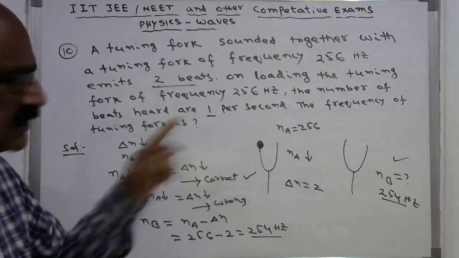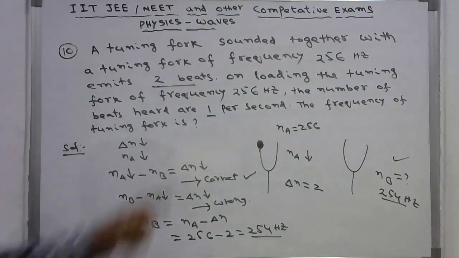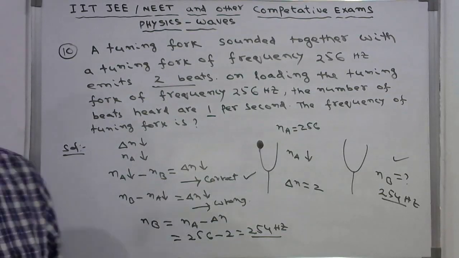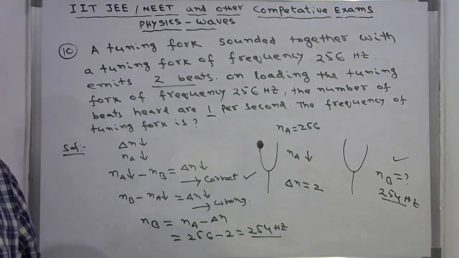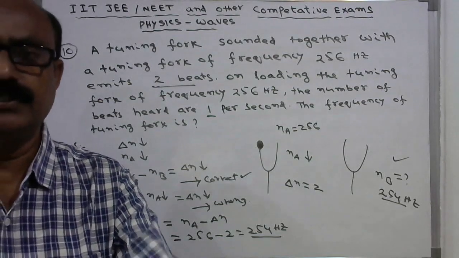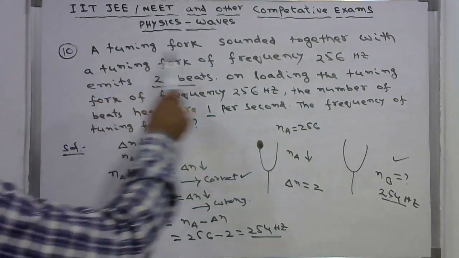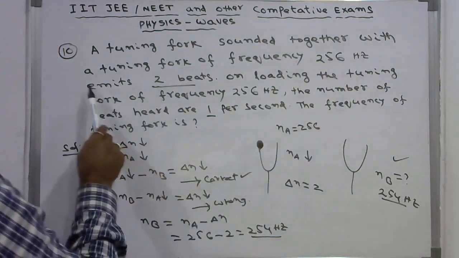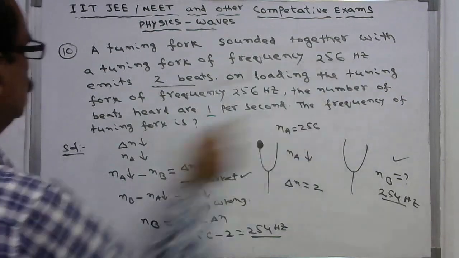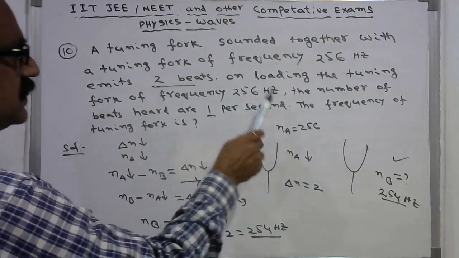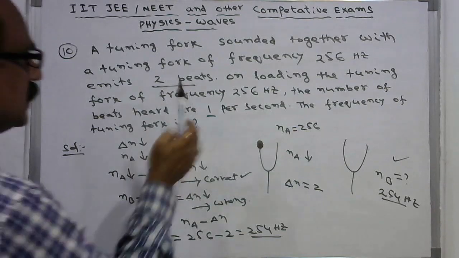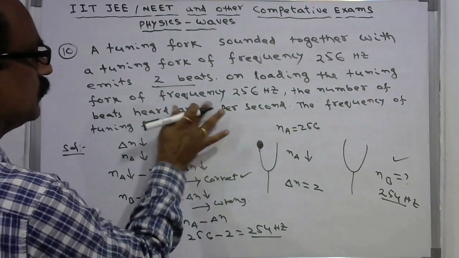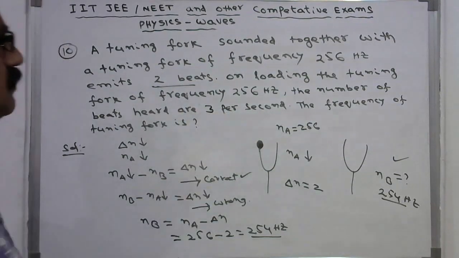So in this problem, if this becomes 3, what happened then? Now I would like to change this problem slightly. A tuning fork sounded together with a tuning fork of frequency 256 Hz emits 2 beats. On loading the tuning fork of frequency 256 Hz, the number of beats heard is not 1, this is 3 per second.